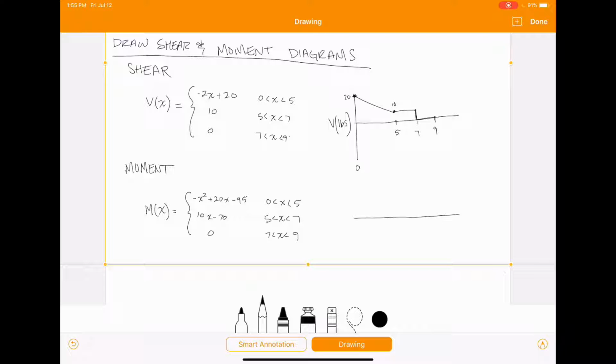And then we just come over and we graph that piecewise function. Again, just reminding ourselves we're working in pound-feet for a moment. So for this first equation, if we were to plug 0 into that equation, we're going to get negative 95 as our y-intercept.